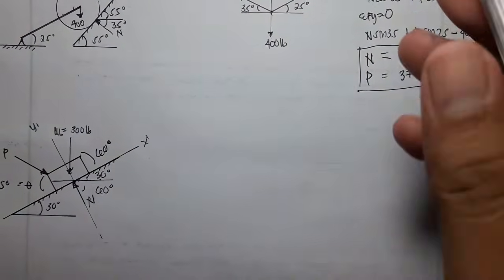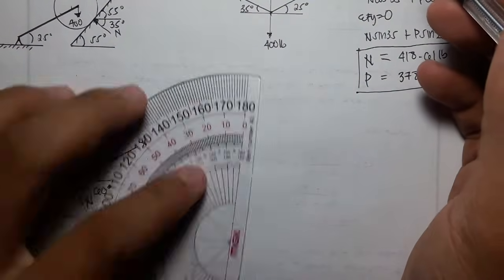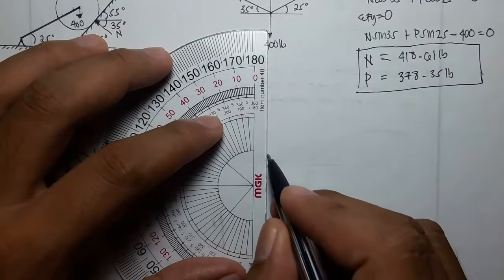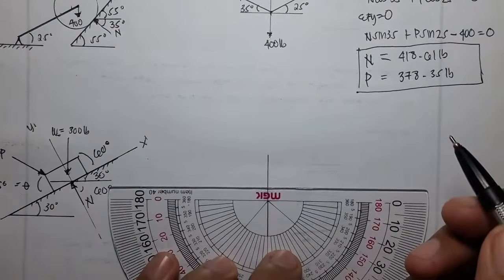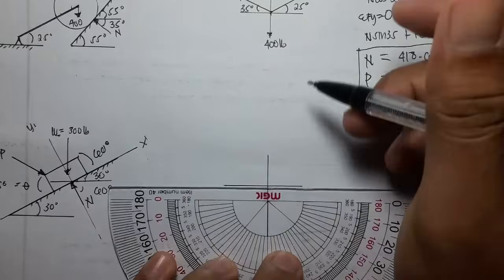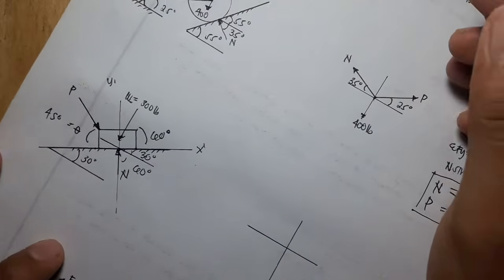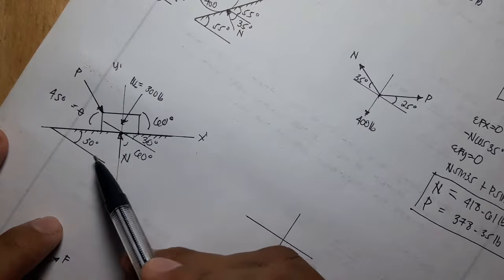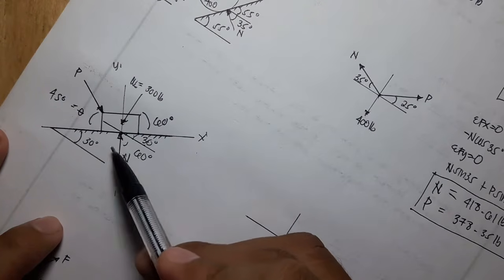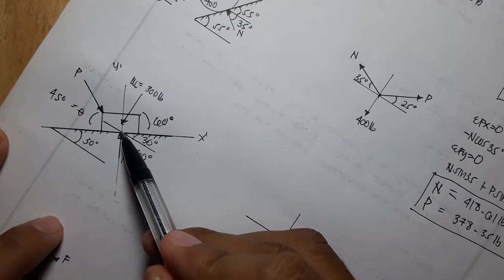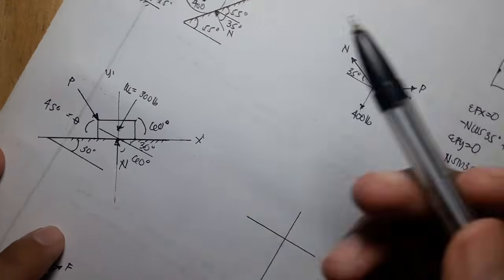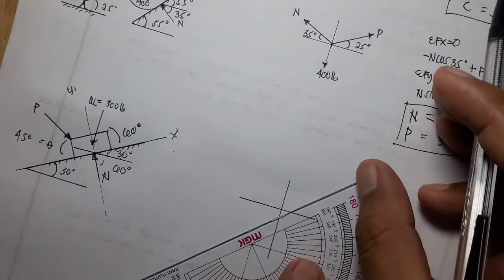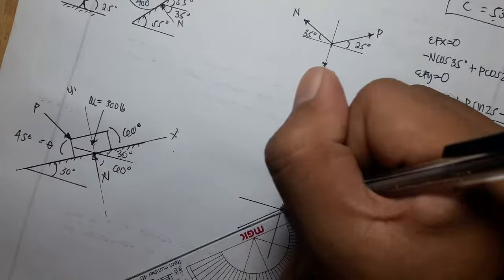So now we can make the FBD. If you look at it like this, the W is here on the left side, in the third quadrant. So it is 60 degrees down left, 60 degrees here.